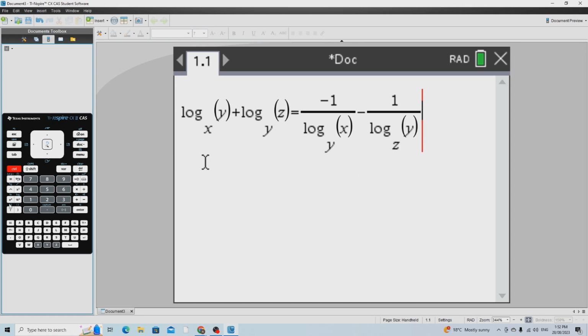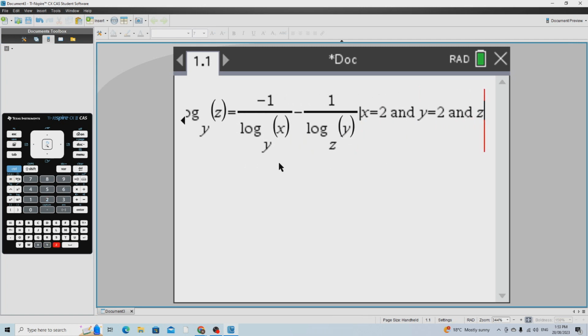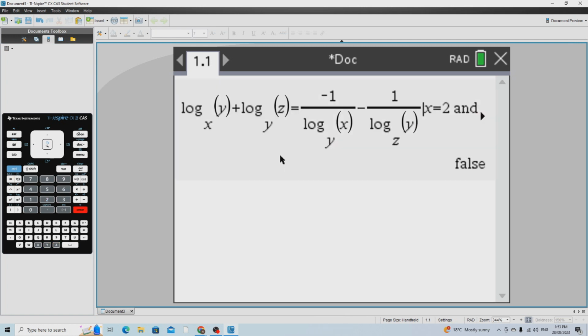Okay, and we can say that given that x is equal to 2 and y equals 2 and z equals 2. Done. So the first one's false, so we can say A is wrong.